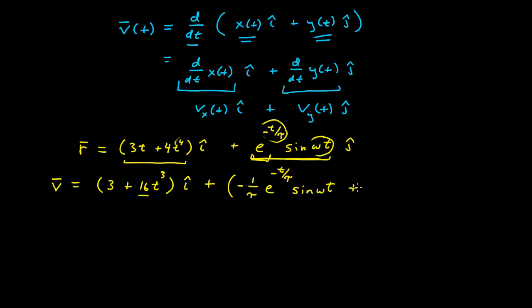And then using the product rule, I now have to differentiate sine omega t. That gives me omega e to the negative t over tau times cosine omega t j hat.